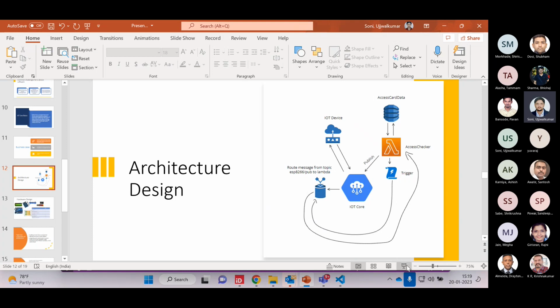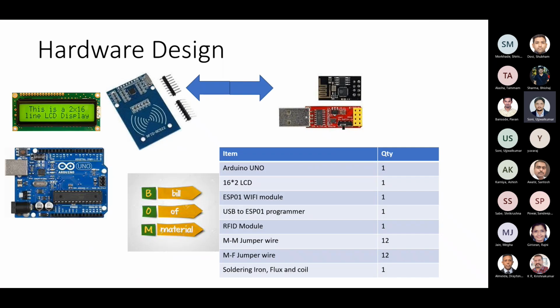All right. Moving to the next slide. These are the hardware components that we are using. Okay. So first we are using Arduino Uno. We are using 16x2 LCD. We are using ESP01 Wi-Fi module. So this is the ESP01 module that you see over here.